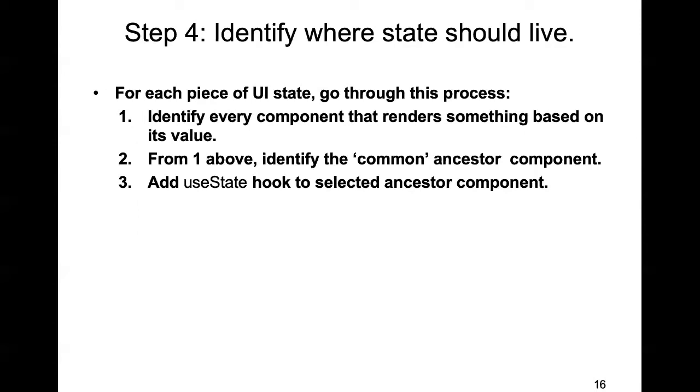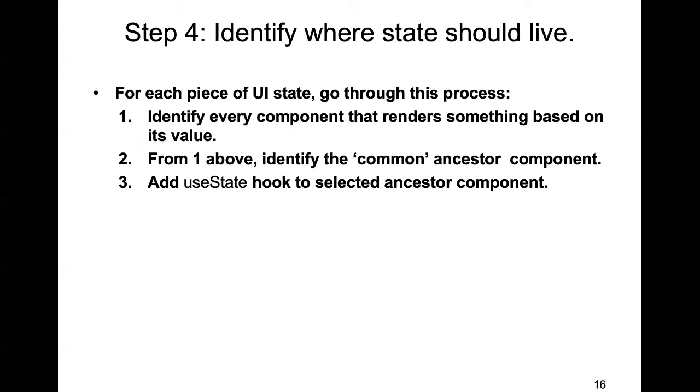All you do is identify each component in the hierarchy that needs to know the current value of the state data, because presumably it uses it to do some sort of computation. So for a particular piece of state data, you might have identified 2 or 3 components that need to know the current value of it.